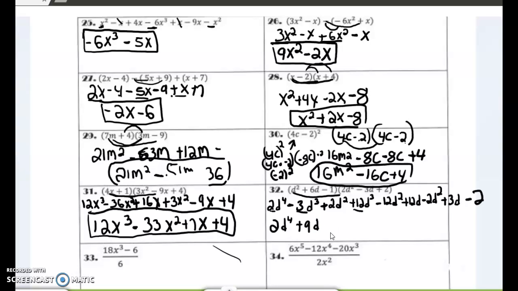Well, if you notice here, what do we have? We have d squared. That's the third, isn't it, guys? 9, 12, yeah, okay. Oops, got a little caught off there. All right.